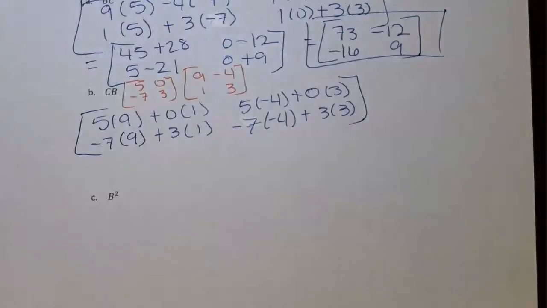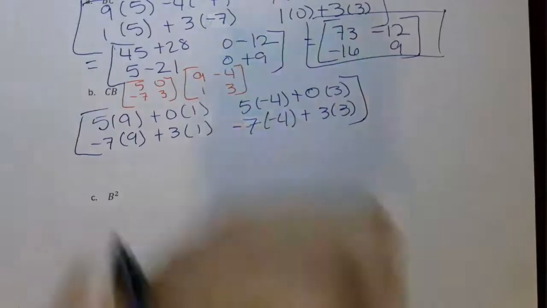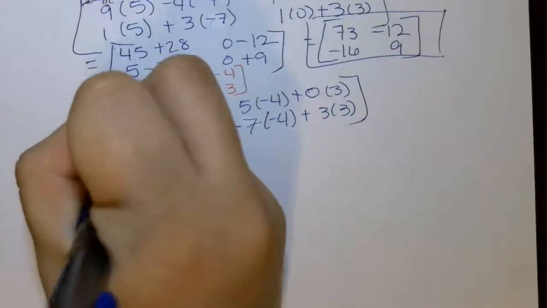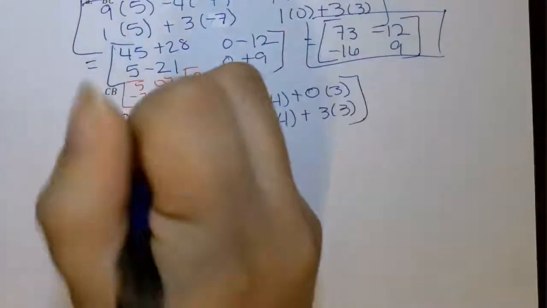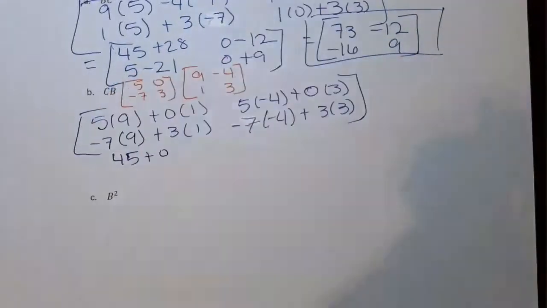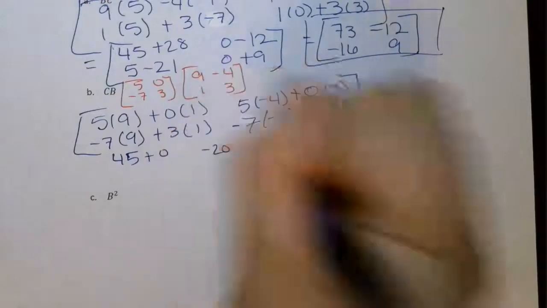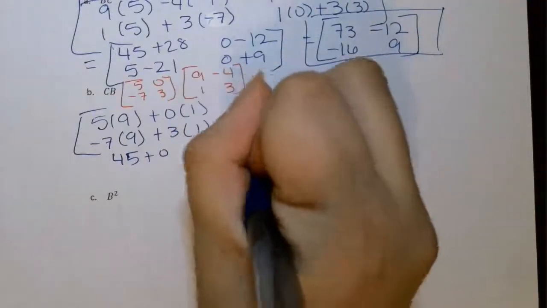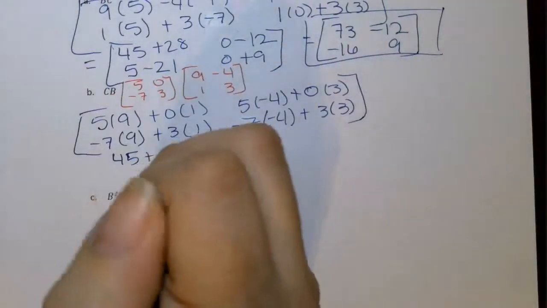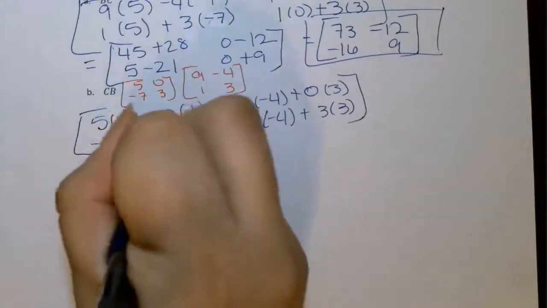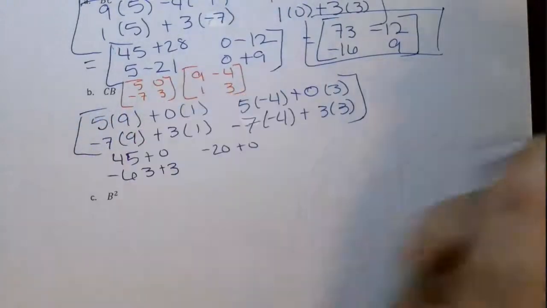Then I want to go ahead and simplify each part. 5 times 9 is 45. 0 times 1 is 0. 5 times negative 4 is negative 20. 0 times 3 is 0. Negative 7 times 9 is negative 63. 3 times 1 is 3.